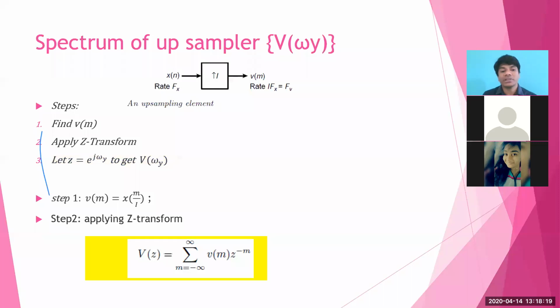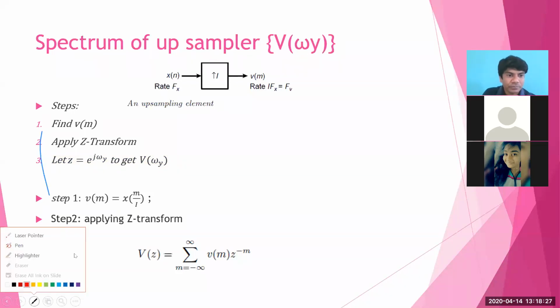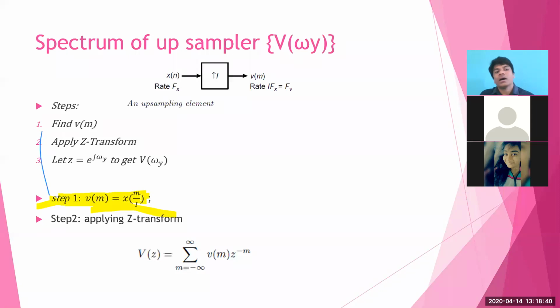Now let's begin with the first step. In the first step, I did not highlight it, but here you can see this particular step, this expression I have given you earlier.